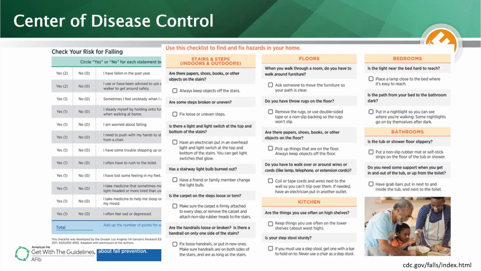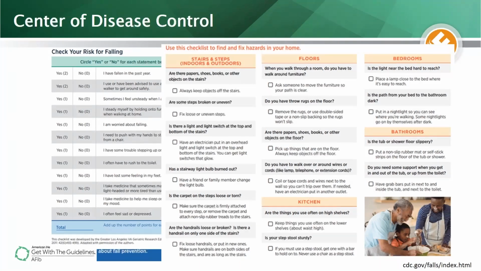And can lights be applied to regularly trafficked areas? Is the carpet loose, and can that be attached? Are there loose or broken handrails? Do they need to clear the path of furniture? And are there things that they're walking over, such as cords or wires?